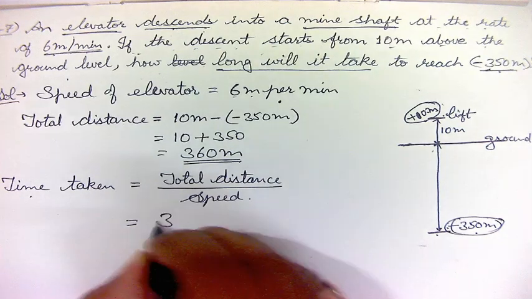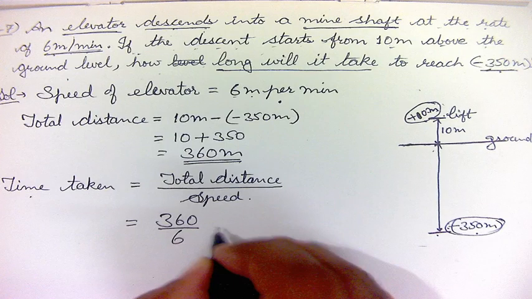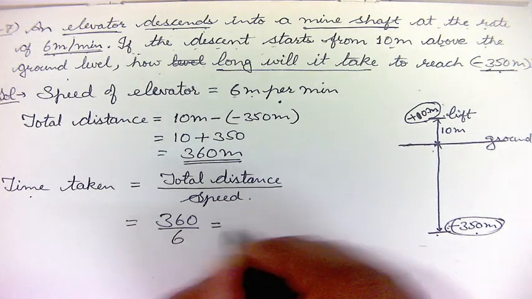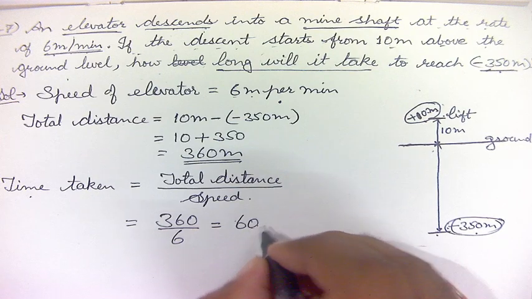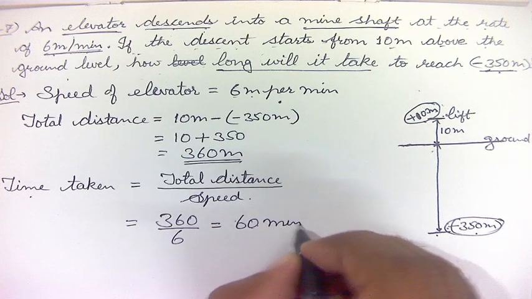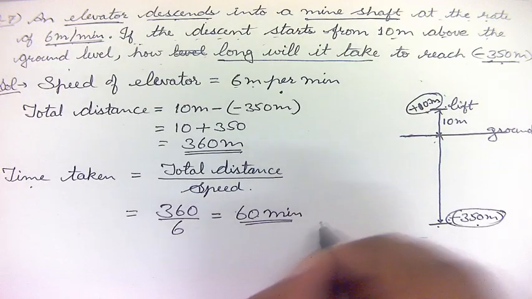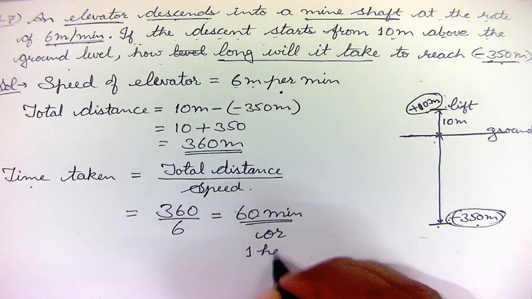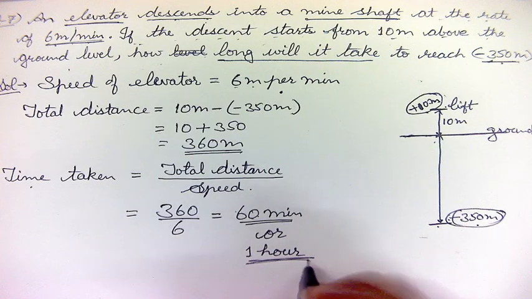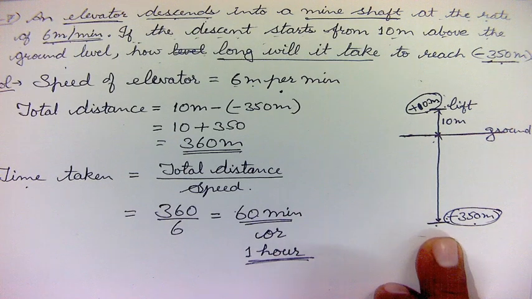That is, total distance is 360, speed is 6. So 360 when divided by 6, you get 60. And this 60 is in minutes. So the time taken is 60 minutes. Or you can say 60 minutes, that is 1 hour. So this is the time taken to go down and reach the point of minus 350 meter.